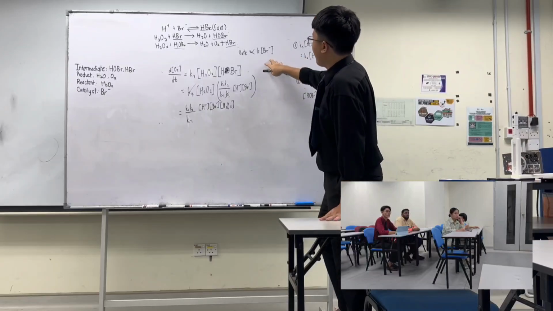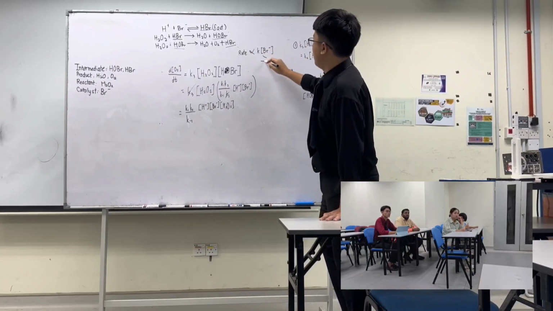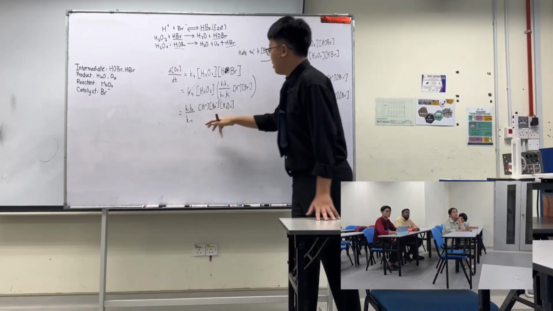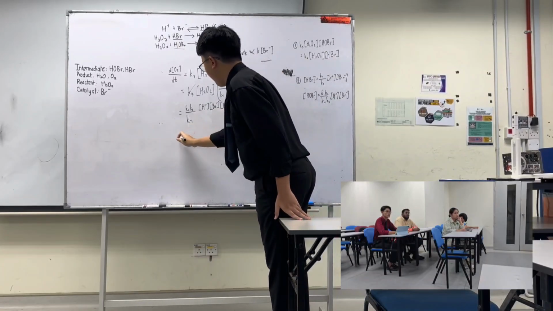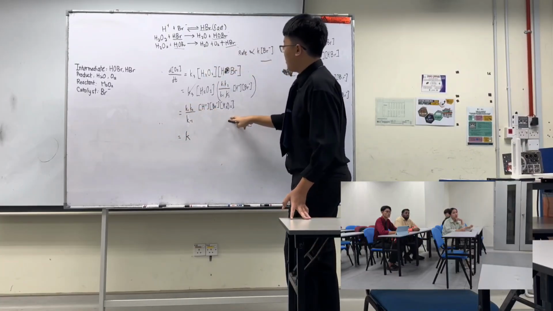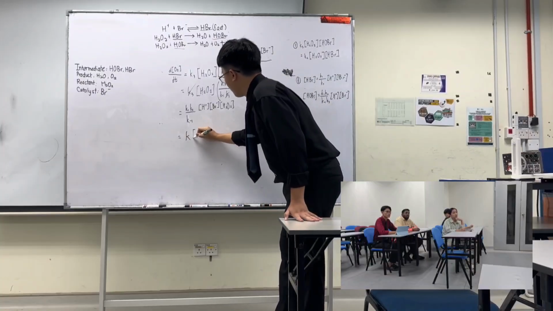So we go back to the question just now. The question asked for the rate to be directly proportional only to Br minus. So that means we need to proceed with this: all the other things will be included in the K, and only Br minus is left over here.